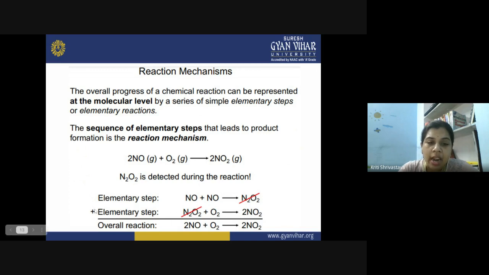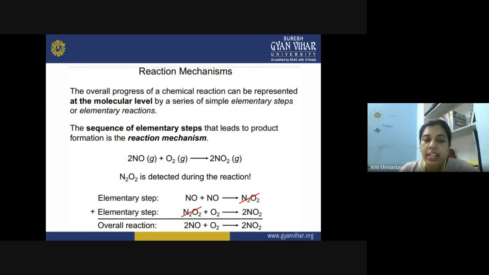Now if you add these two elementary steps, the overall reaction is 2NO + O2 = 2NO2. If the overall reaction matches your chemical reaction, it means these elementary steps are possibly true. But you require evidence in support of this mechanism. The evidence is that we detected N2O2 during the reaction.